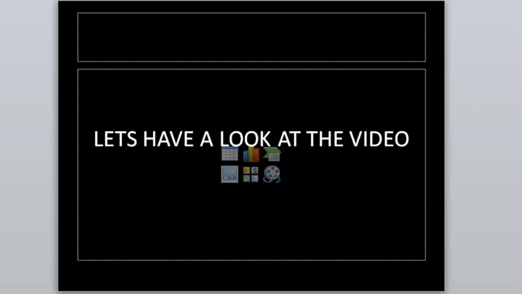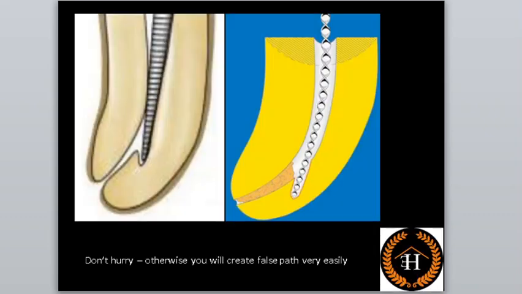Then it is rotated anti-clockwise 270 degrees to 360 degrees with severe apical force, which is called a shearing stroke, and you have to repeat this motion, 90 clockwise, 360 anti-clockwise, 3 to 4 times, and just take it out and introduce your 10 number file back, achieve patency, get a super smooth glide path, and then jump to whatever rotary glide path files you wish to in a curved canal. You can do that. Let's move to the next part of the presentation.